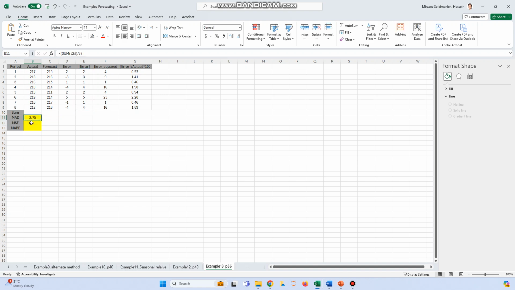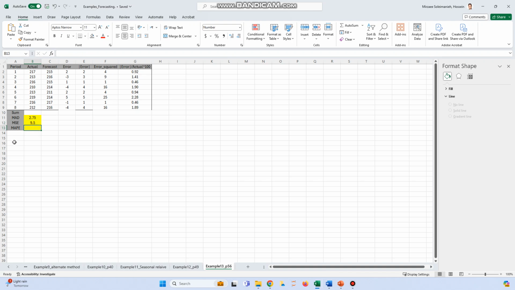It is equal to 2.75. For MSE, we need to use this formula, equal sign, summation of error squared divided by n, which is equal to 8. MSE is equal to 9.5.